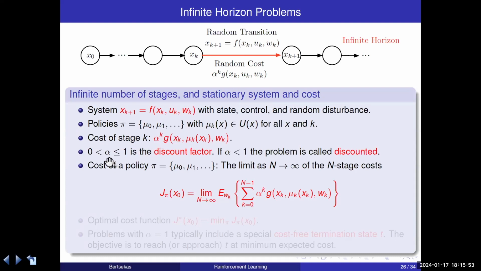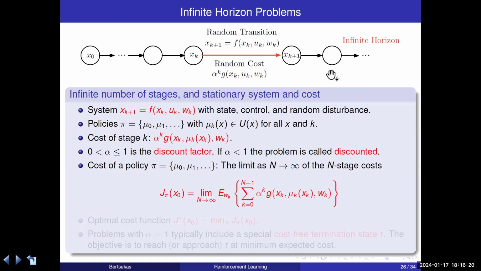Now, alpha is a scalar between 0 and 1. And if alpha is less than 1, this alpha to the k is proportionally small and specifies that costs incurred far into the future do not count as much as costs at the same state earlier in the horizon.